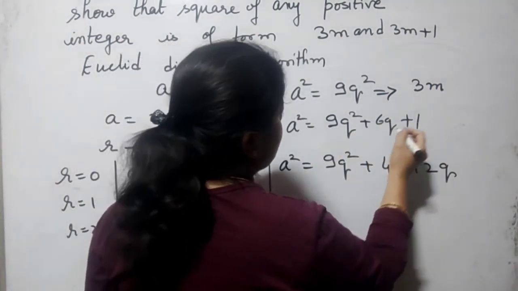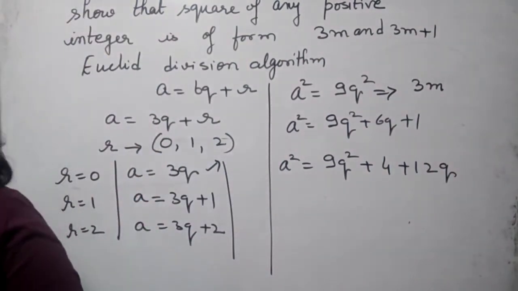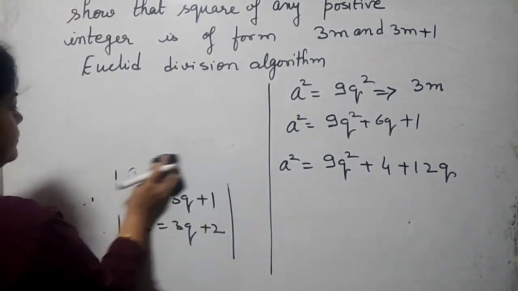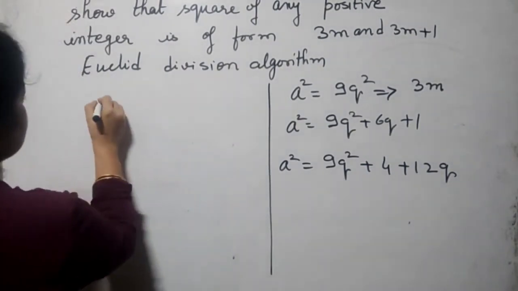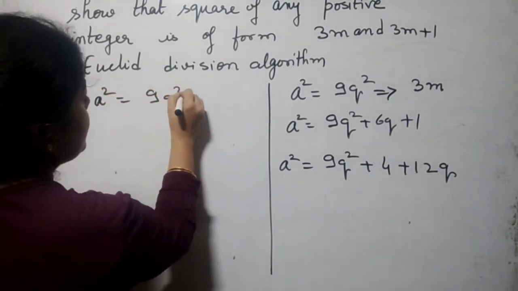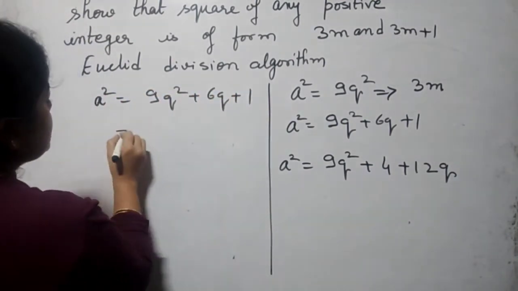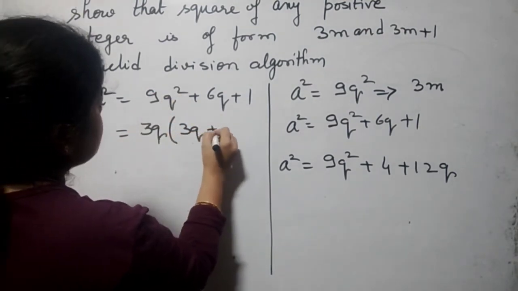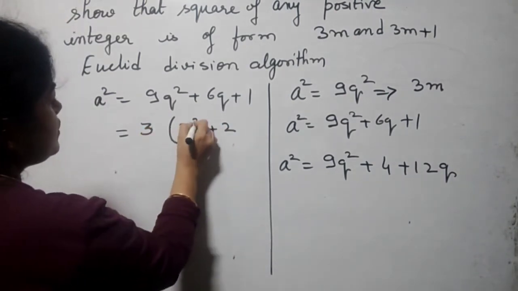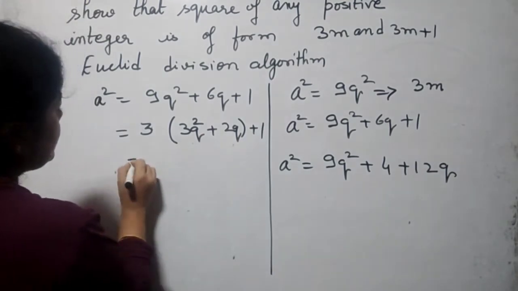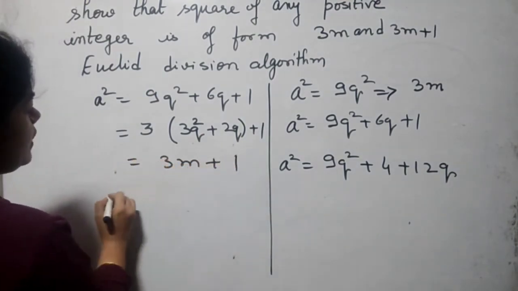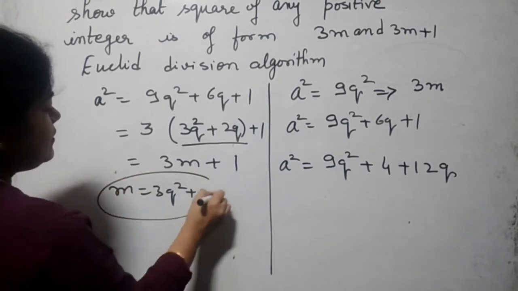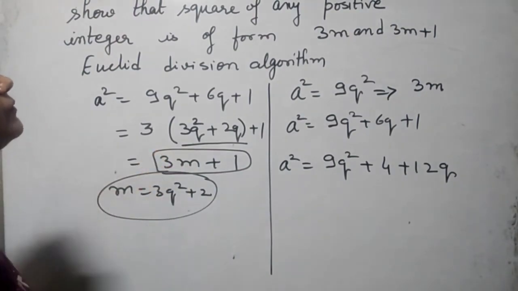And this one, just watch over here, A square is equal to 9q square plus 6q plus 1. That means if we take 3 common, 3 3s are 9, so we get 3 times 3q square plus 2q, plus 1. So it again takes the form of 3m plus 1, where the value of m is 3q square plus 2q.